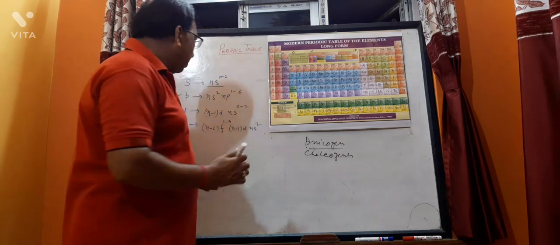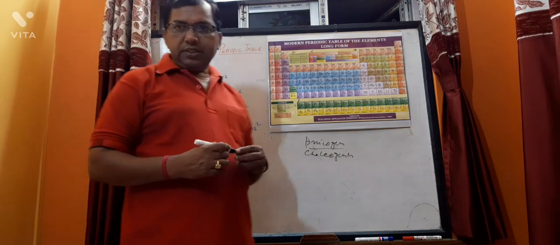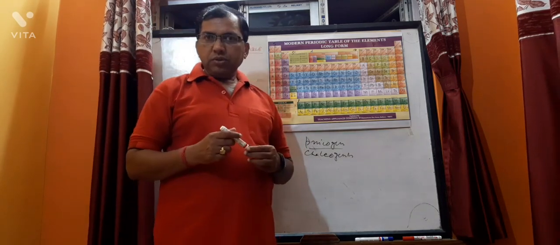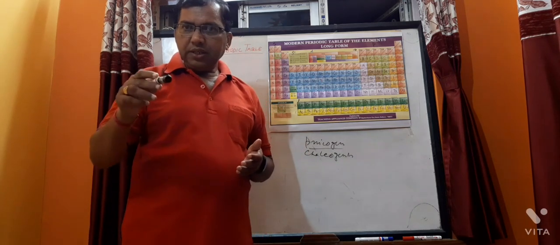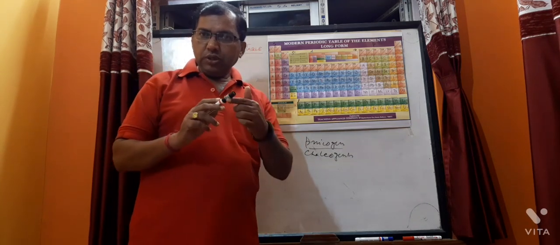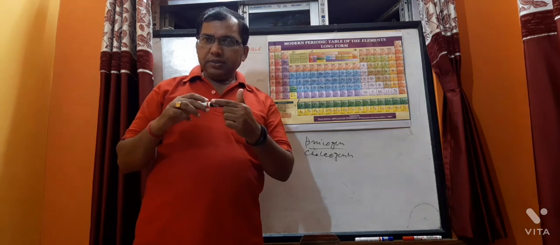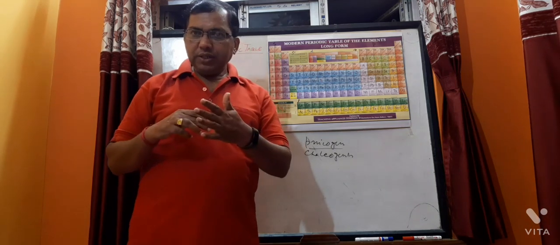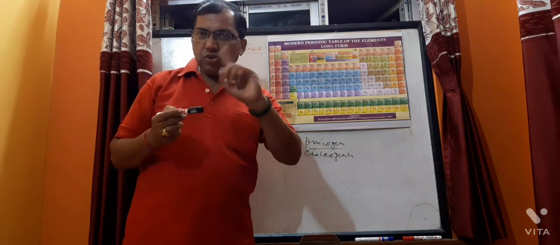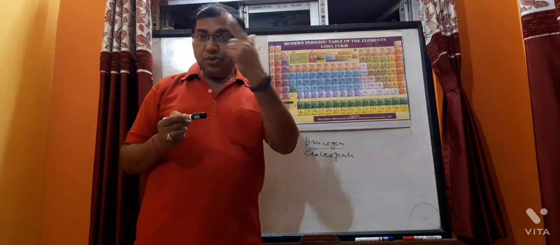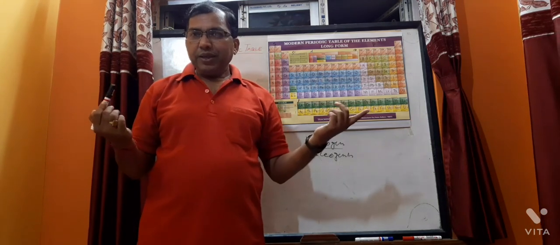Iron एक है 3d6 4s2. यार n equals to कितना है? n की वैल्यू, n equals to 4 और 4s2. तो (n-1)d क्या होगा? 4 minus 1, 3d. 3d clear? And ns 0 to 2. So 0, 4s2. This is the formula.